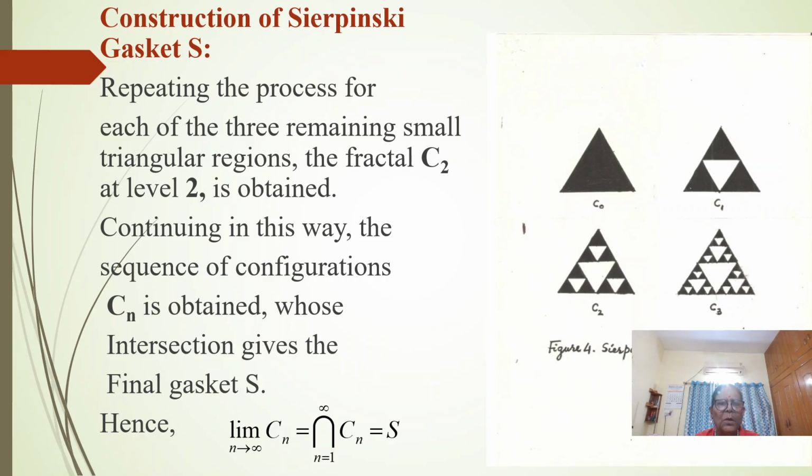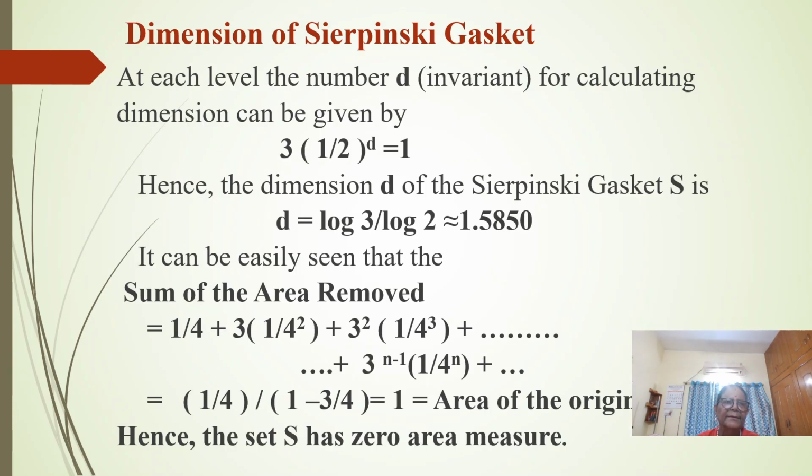So, repeating the process for each of the 3 remaining small triangular regions, the fractal C2 at level 2 is obtained. So, in this way, we continue the sequence of configurations. Cn is obtained, whose intersection gives the final gasket S. So, the limit as n tends to infinity of Cn is equal to the intersection of Cn from n = 1 to infinity, and that is the gasket S.